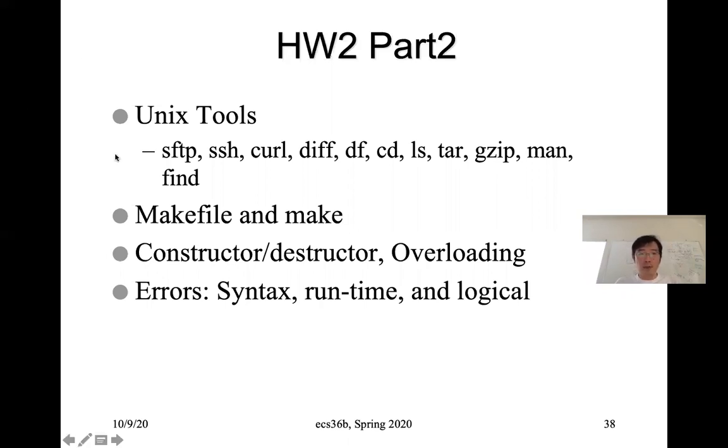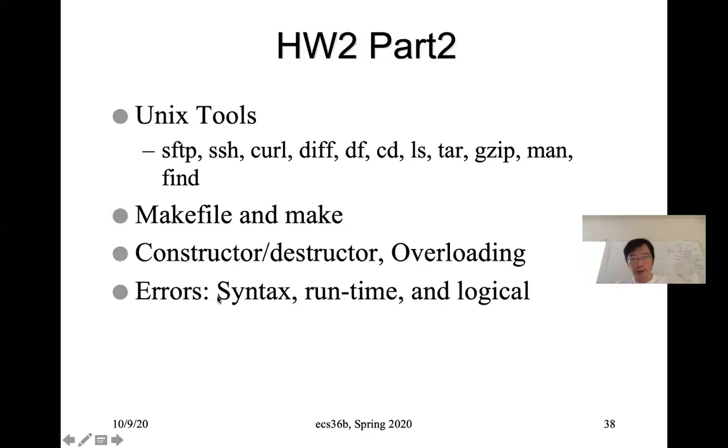The other important thing for you to know is, of course, make and makefile. We emphasize that a lot. For this homework assignment, not only do you need to worry about overloading, but you should also learn from the lecture and try to exercise the concepts you learned, like constructors and destructors.